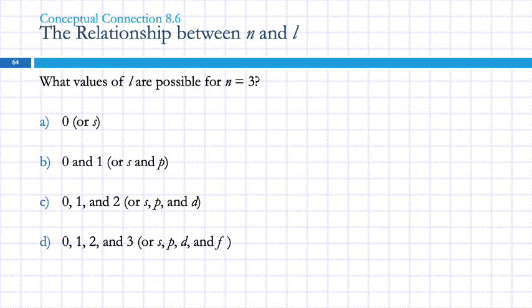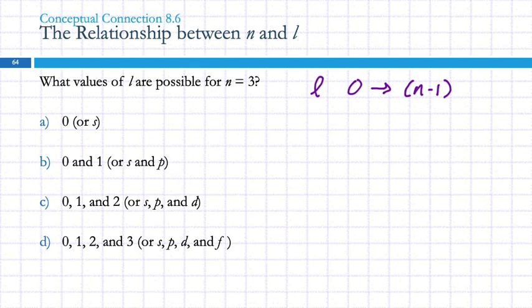Okay, so what values of l are possible for n equal to 3? Well, l is 0 up to n minus 1, and it's integers.